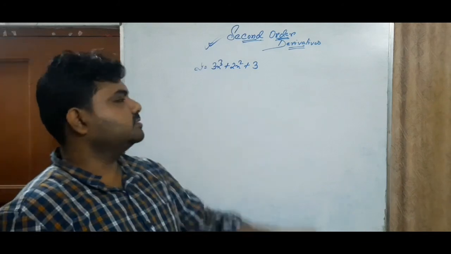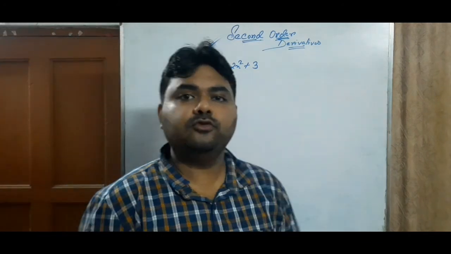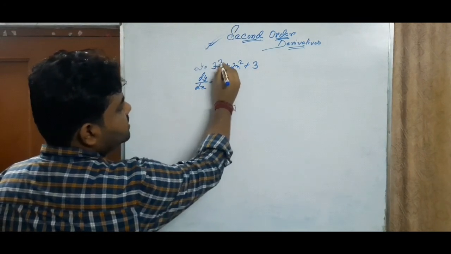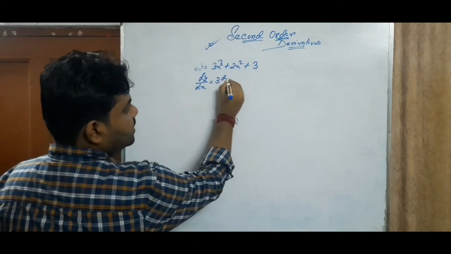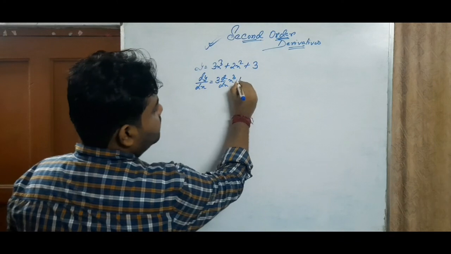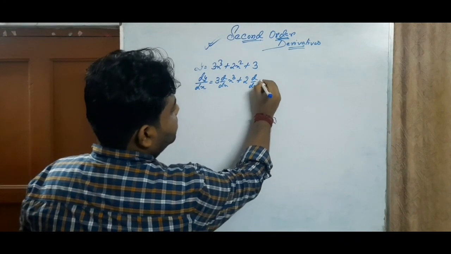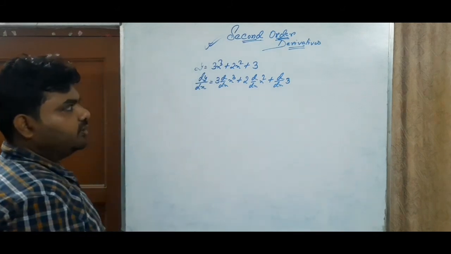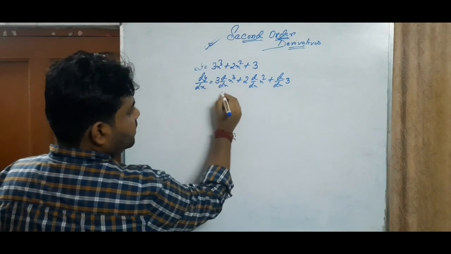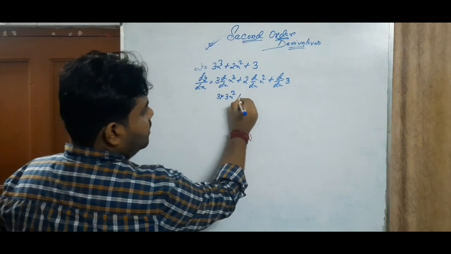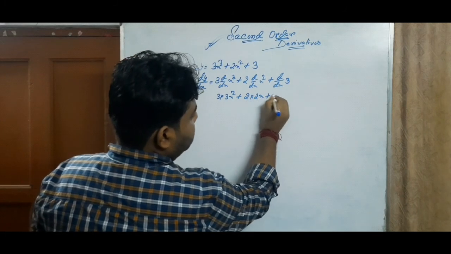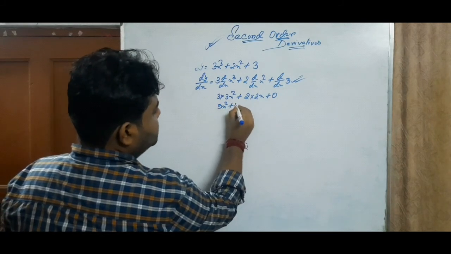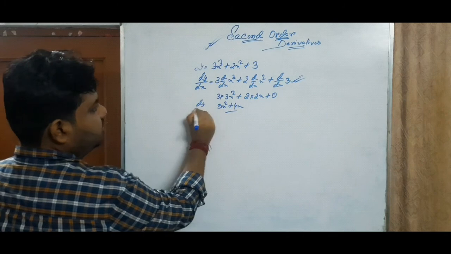Now dy by dx, we know it will be 3 d/dx of x cube plus 2 d/dx of x square plus d/dx of 3. This is the first order derivative. Therefore 3 into 3x square plus 2 into 2x plus 0, as the derivative of a constant is 0. Therefore 9x square plus 4x. This is dy by dx.